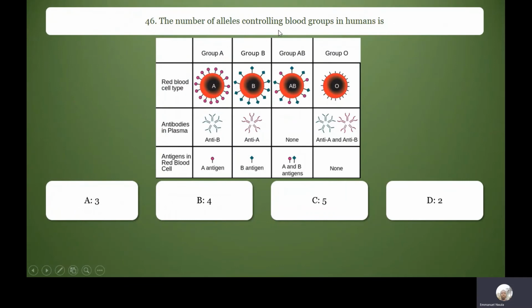The number of alleles controlling blood groups in humans is 4.